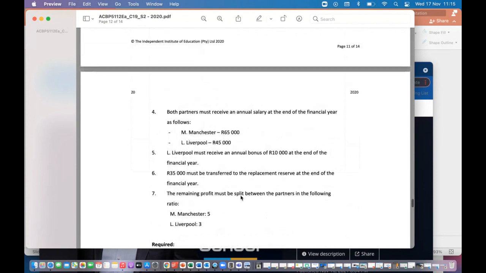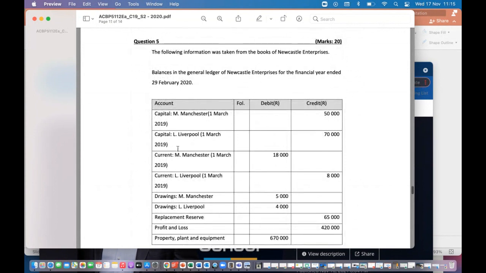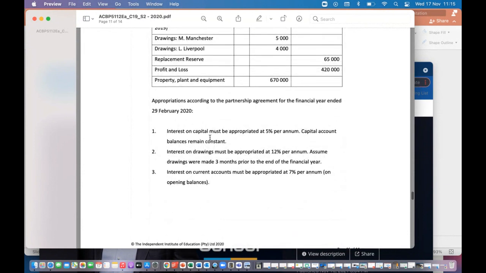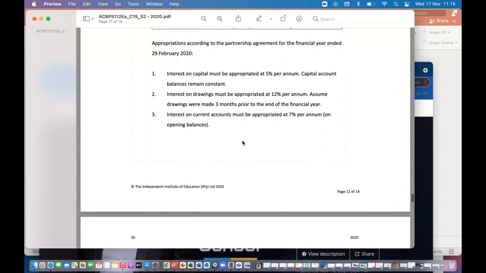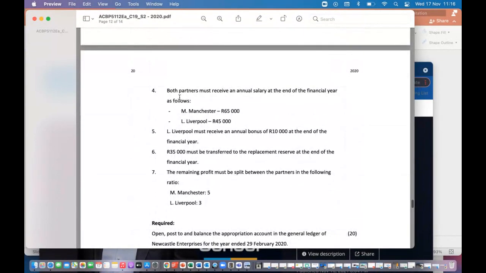Okay, right. Okay. So there we have our opening balances for the financial year on the current account and stuff. Here, can you see interest on capital, 5% per annum on the capital balances, interest on drawings, 12% per annum, interest on current accounts, 7% per annum. Nothing new, all right? Both partners must receive an annual salary.